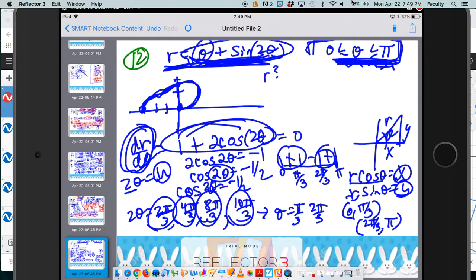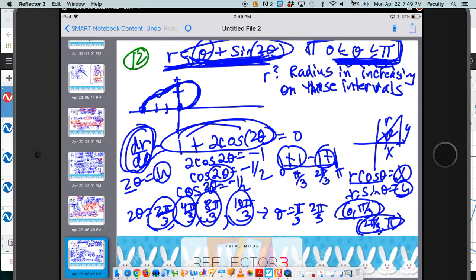It tells me that the radius is increasing on these intervals. I'd name again that the radius is increasing from 0 to pi over 3 and 2 pi over 3 to pi, and that tells me about the curve.